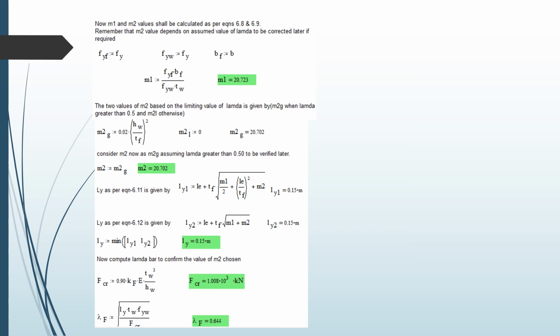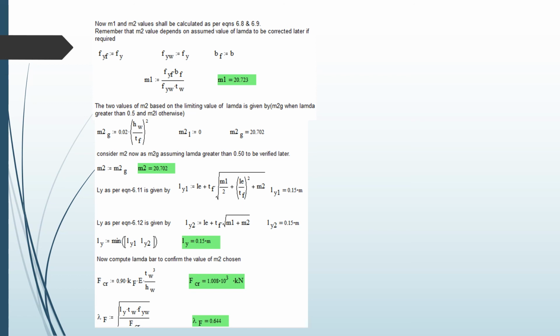Now we go for the calculation of ly as per equations 6.11 and 6.12 and obtain ly1 as 0.15 meter and ly2 as 0.15 meter. Accordingly, the final value of ly will be the minimum of these two values, that is 0.15 meters. Now we need to verify whether the lambda F assumed is correct or not.